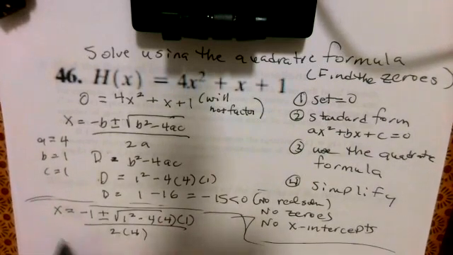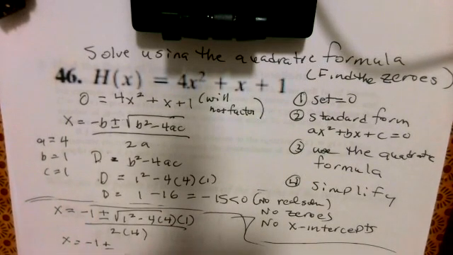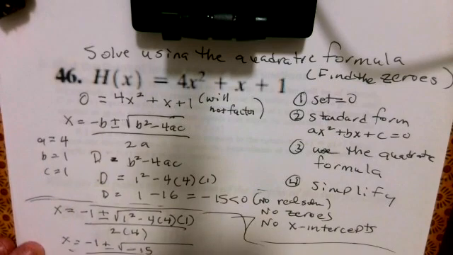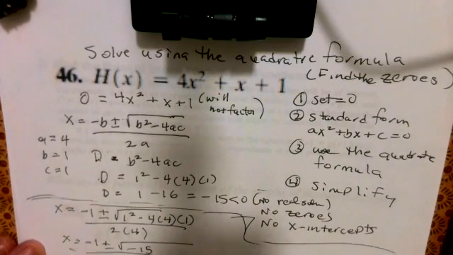Well, we know what's going to happen when we simplify this. This is going to give me a negative 15. So I know that it's not going to have any real solutions.